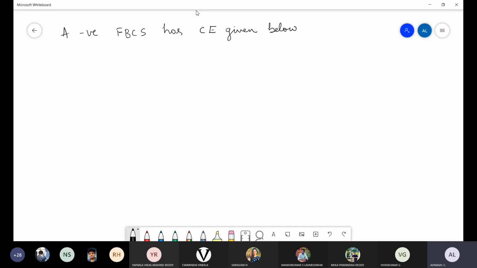So what is that particular characteristic equation they have given? It is s cube plus 3k into s square plus k plus 2 into s plus 4 equal to 0, where k must be greater than 0.